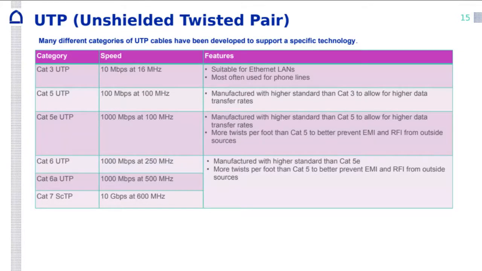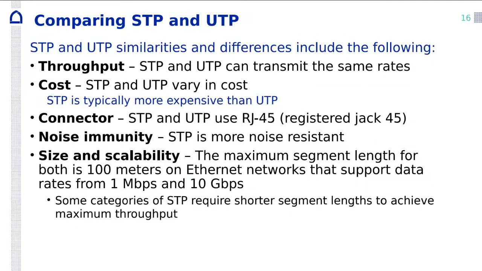Cat6 is manufactured with higher standards than Cat5, so it has more twists to prevent EMI and RFI from outside sources. So it is more immune to interference because it has more twists. Any questions?